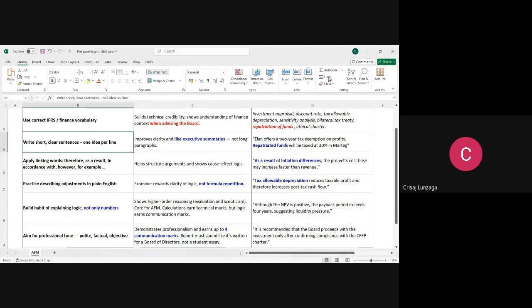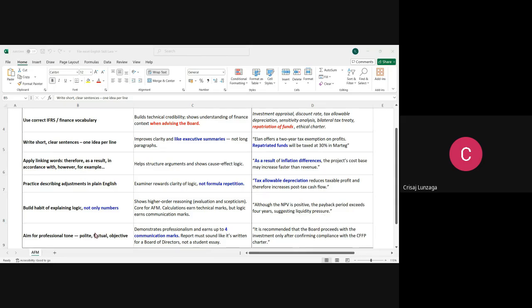And another example for that: allowable depreciation reduces taxable profit and therefore increases post-tax cash flow. As you have noticed, if you want to describe adjustments in plain English, we can really use the linking words to make your sentences much clearer. That's how important the linking words are.